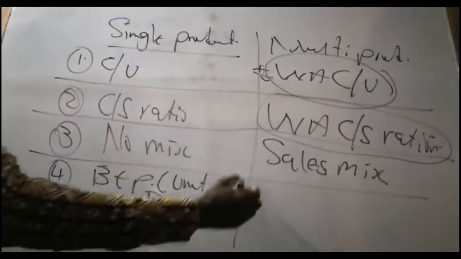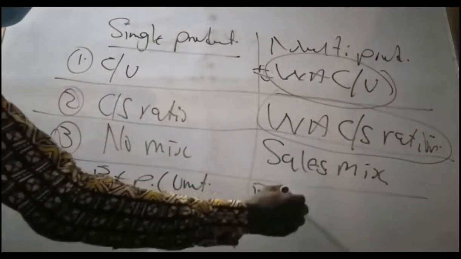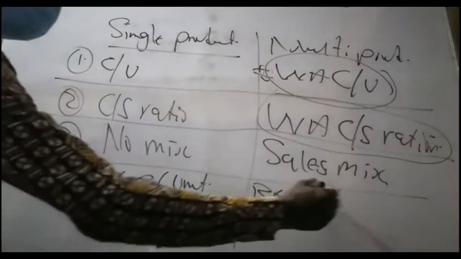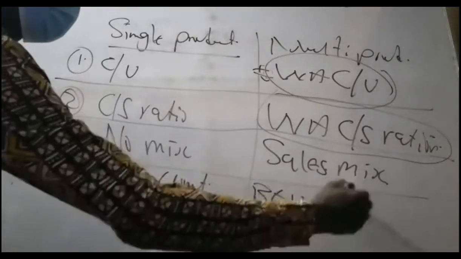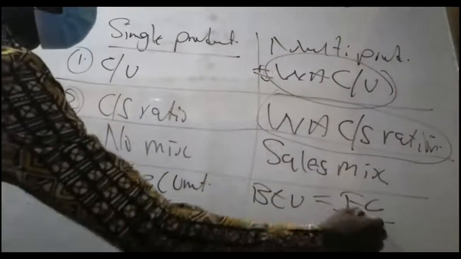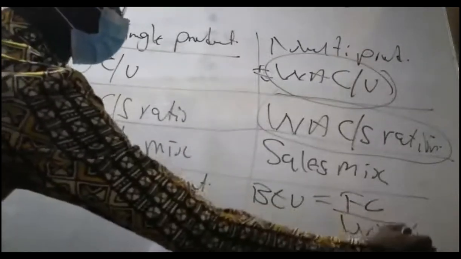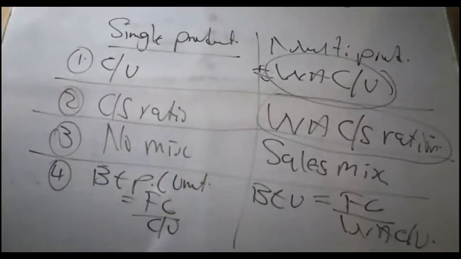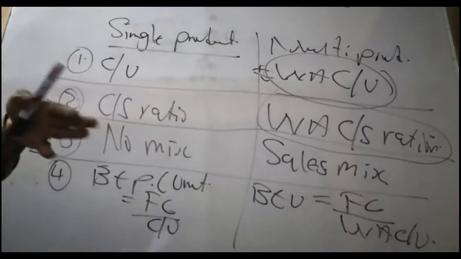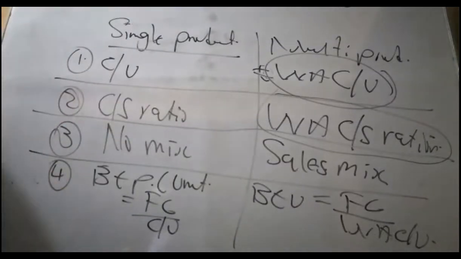Under the multi-product, break-even unit is equal to fixed cost over weighted average contribution per unit. Have you seen the difference? Where we have per unit over there, it is weighted average. That is the difference.